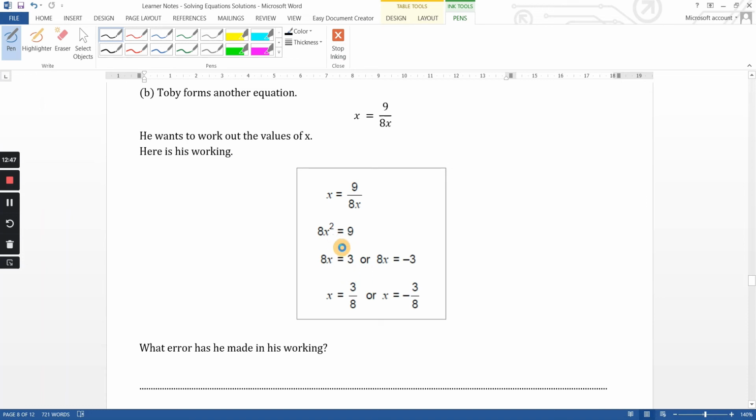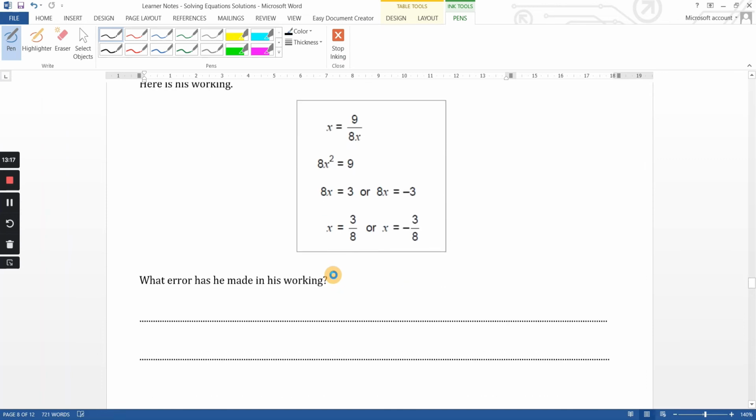If you're going to square root one side, you're going to have to square root everything, including the 8 as well. So he didn't do that. What he's done is he's square rooted the x squared to get the x. He square rooted the 9 to get the 3. He's not square rooted the 8 here. It's just left as it is, which is unusual.